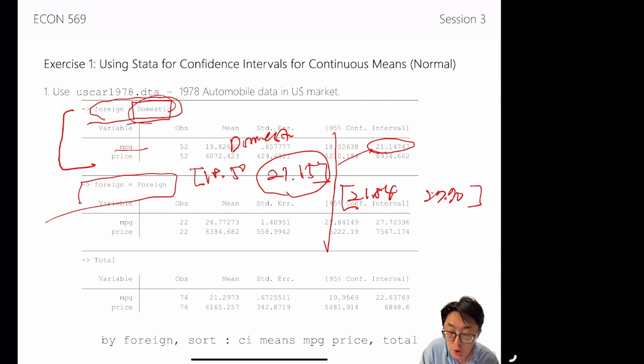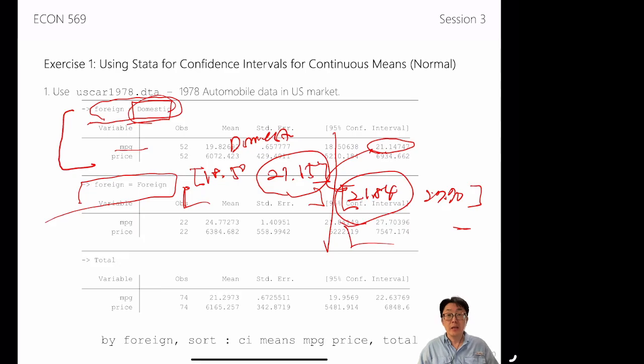So you can see that with the 95% confidence interval, the maximum MPG of domestic cars is lower than the minimum value of the confidence interval for foreign cars. So two different confidence intervals don't overlap each other.